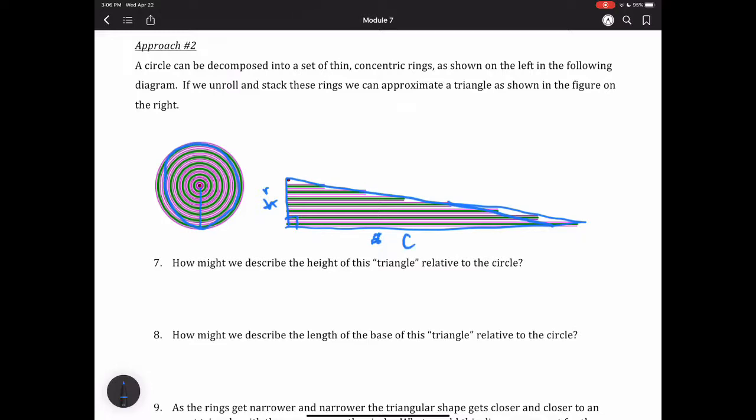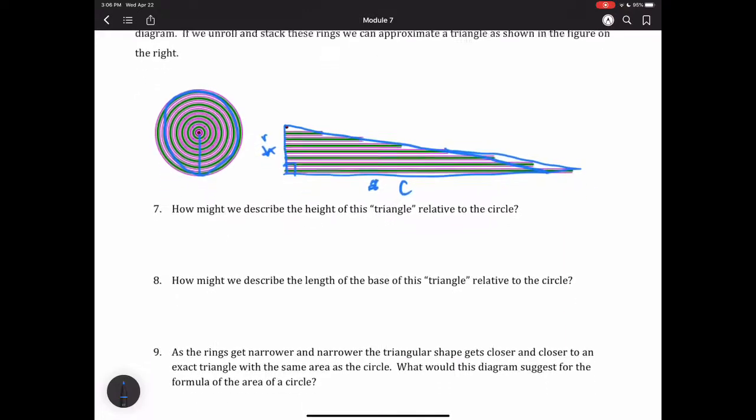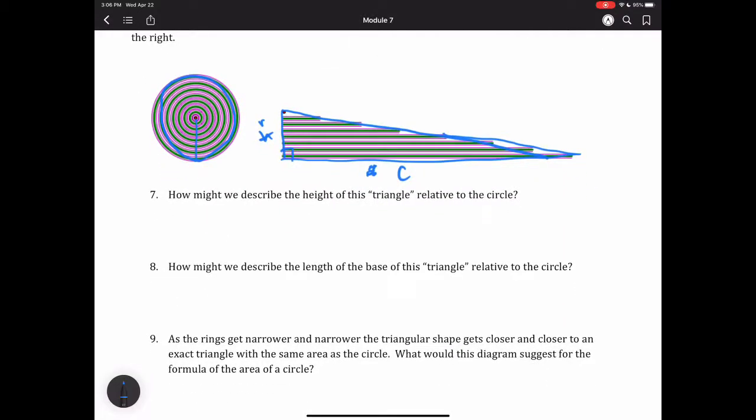And we also recognize that the circumference of a circle is just pi times the diameter, or pi times 2r. So as the rings get narrower and narrower, the triangular shape gets closer and closer to an exact triangle. If we were to make these rings smaller and smaller, they would become more and more like an exact triangle. So as the number of rings increases, we would get a more proper triangle as well.